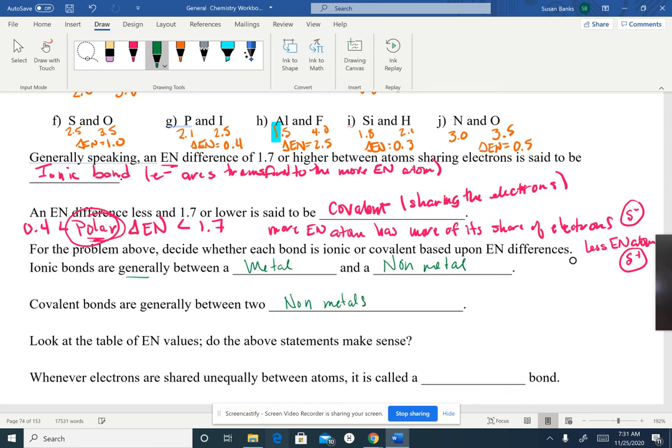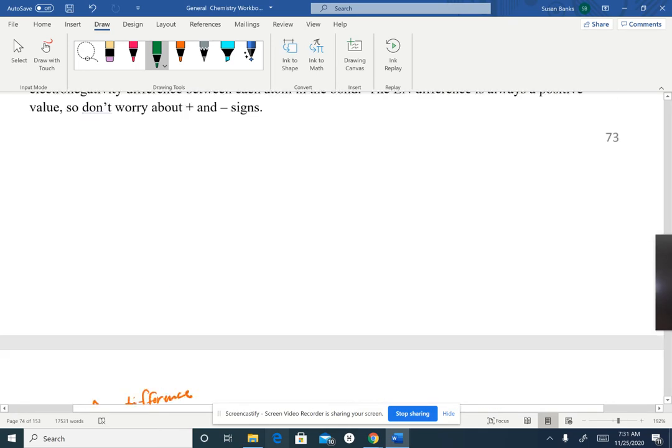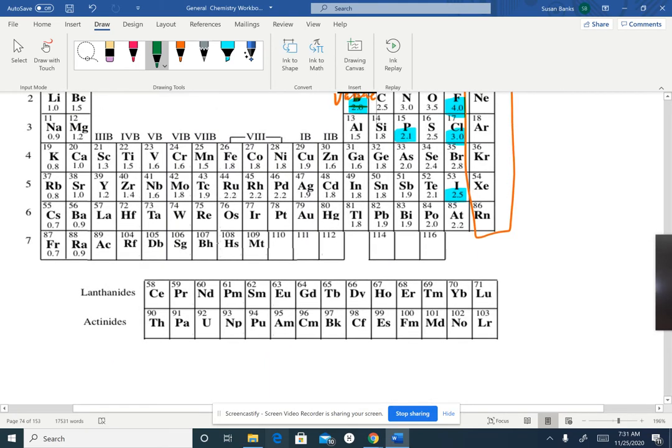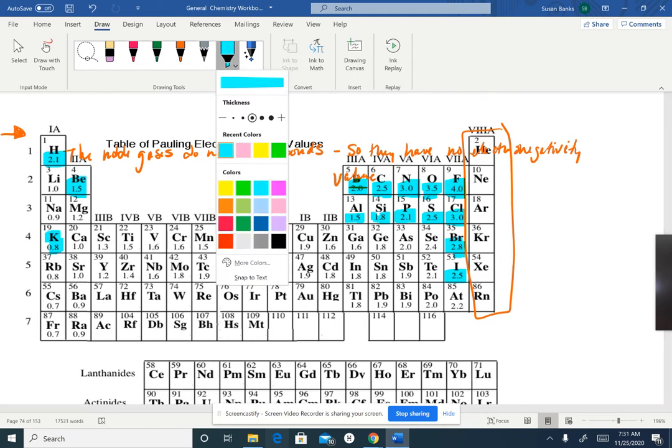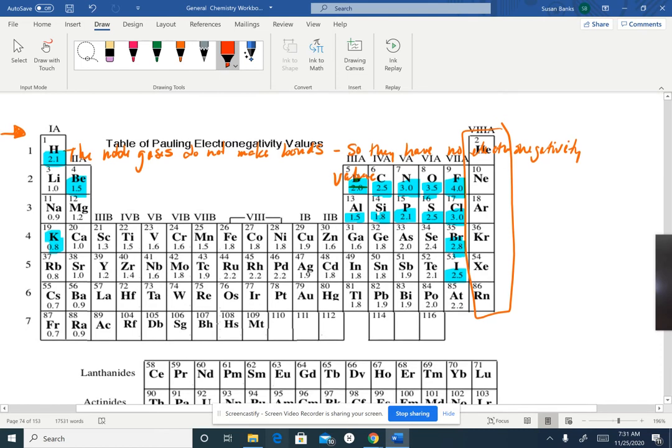So if you remember on the periodic table, do you remember putting that metal to non-metal dividing line? Should we put it in really quickly? Let's put it in on this table right now. And I'm going to put it in a bright red color. Okay, that metal to non-metal dividing line is right there.